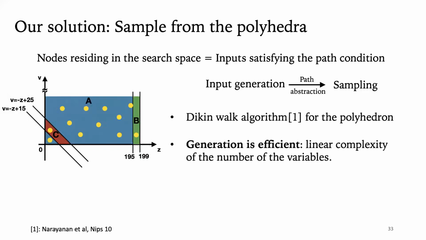Since we transform the input generation into node sampling, we leverage the state-of-the-art sampling algorithm Walk, which is capable of sampling nodes from any given polyhedron. It is also very efficient since the complexity is linear with the number of related variables to generate new inputs.